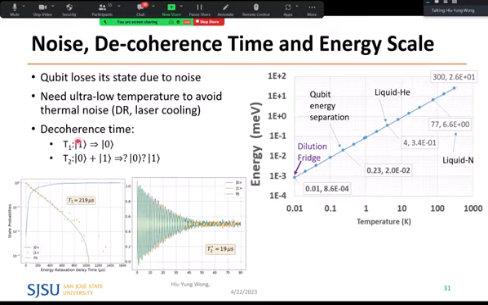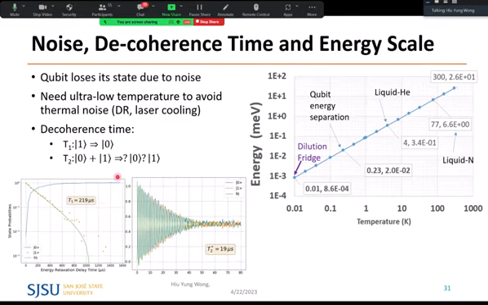The probability of finding 1 becomes less and less. This is the so-called T1 coherence time, only on the order of 219 microseconds. So you can imagine your gates need to operate way faster than that, maybe 0.5 microsecond, so that you can have enough operations before it decays.